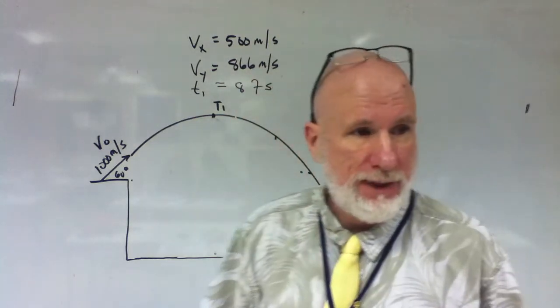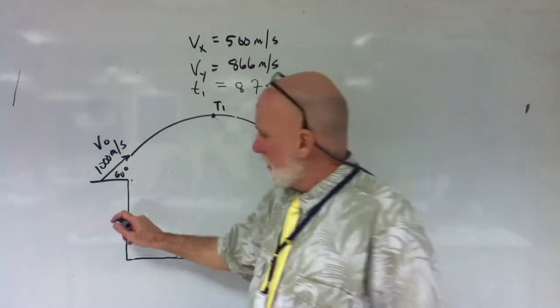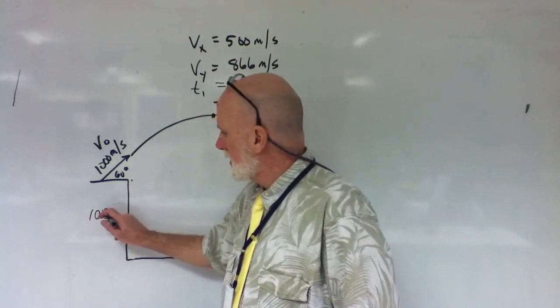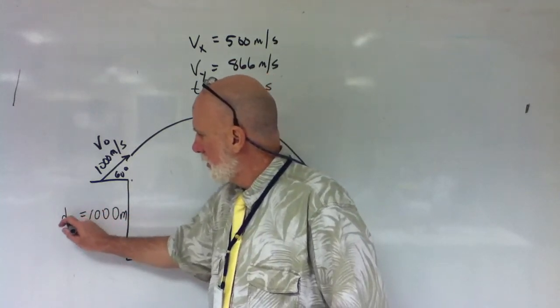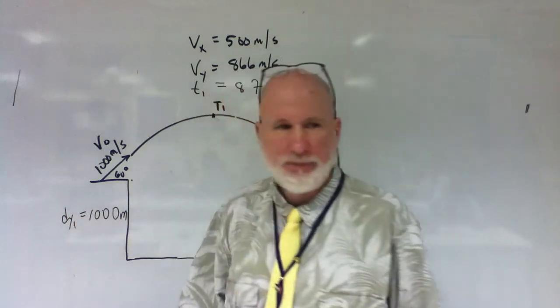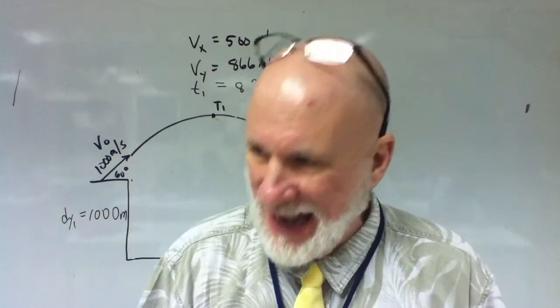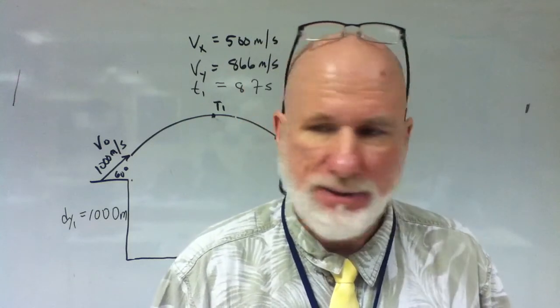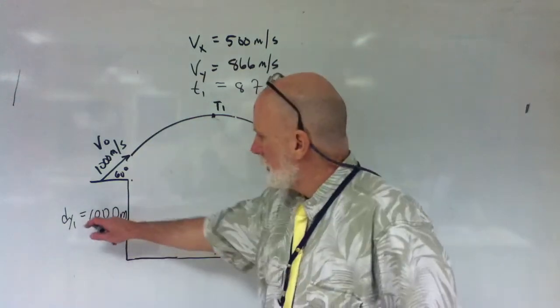Correct? 87 seconds, correct? Okay, now there's something I didn't give you, and that is this height is dy1. If you're going to have the initial velocity and you're going to have the angle, you're going to need the height of the mountain. And in this case, it's 1,000. So that's going to be important.